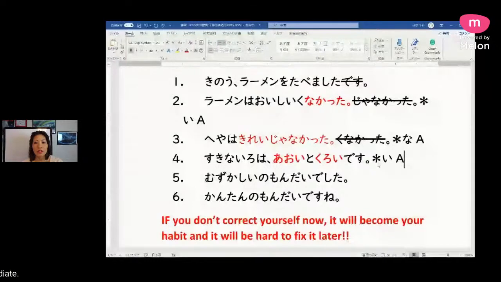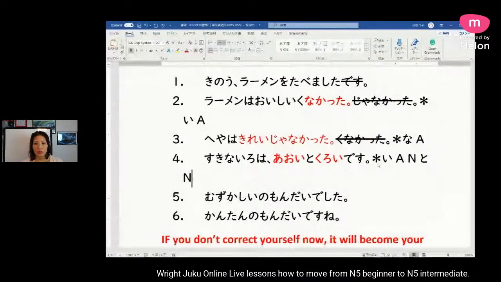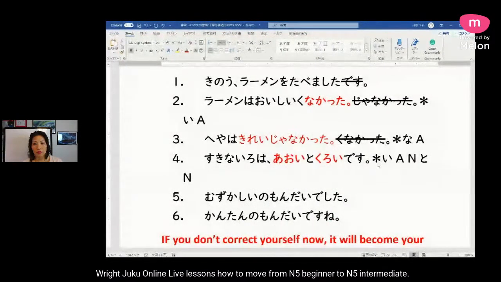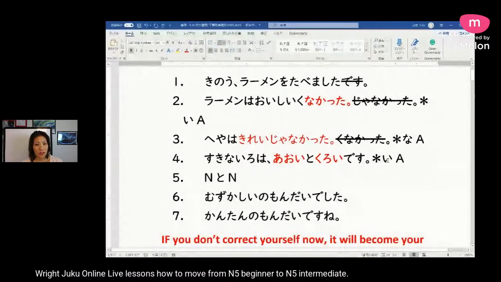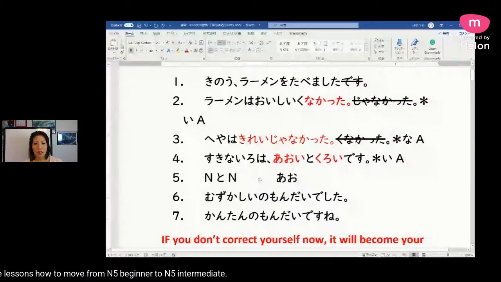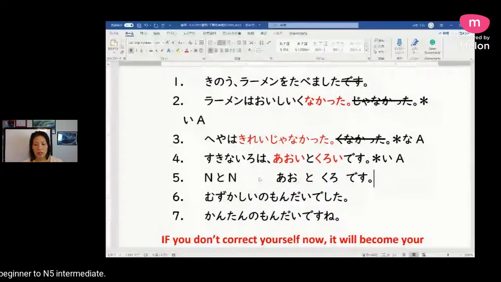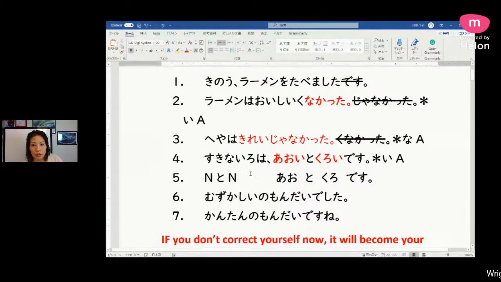These are E adjectives, and you cannot use と to say "and" with them. We can use と for nouns, but not for E adjectives. So it should be 好きな色は青と黒です。That's the right way to say it. Okay.